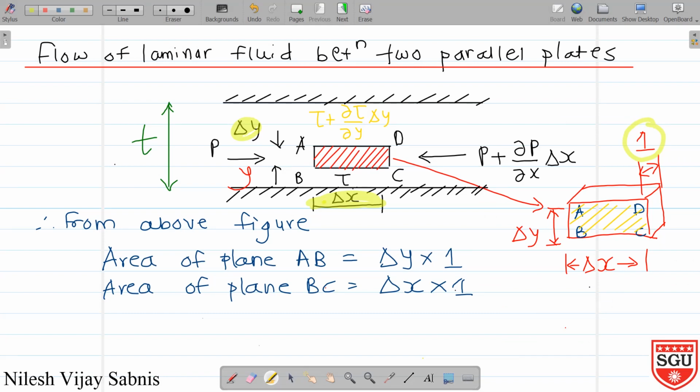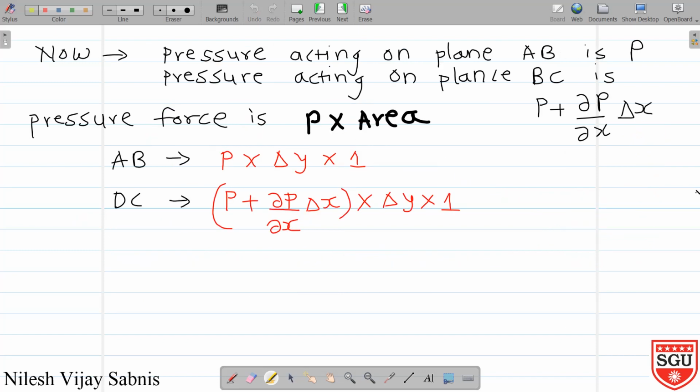So the area of the plane AB is delta y into 1 and the area of plane BC is delta x into 1. Now we have to calculate different types of forces acting on this fluid element. First is the pressure.